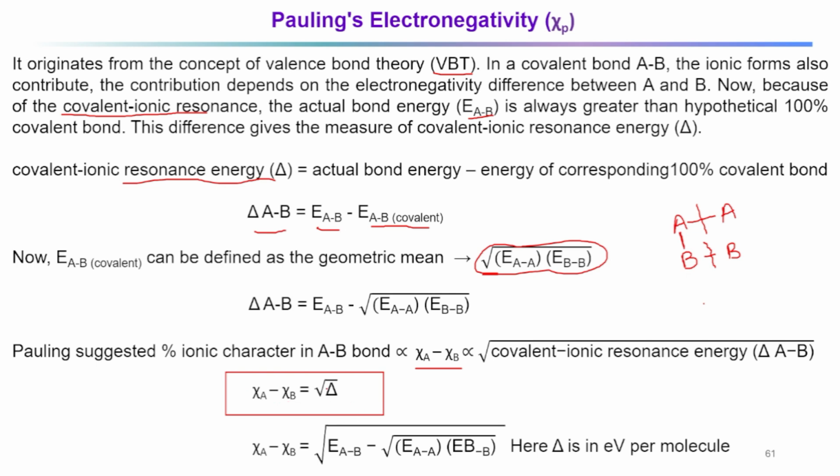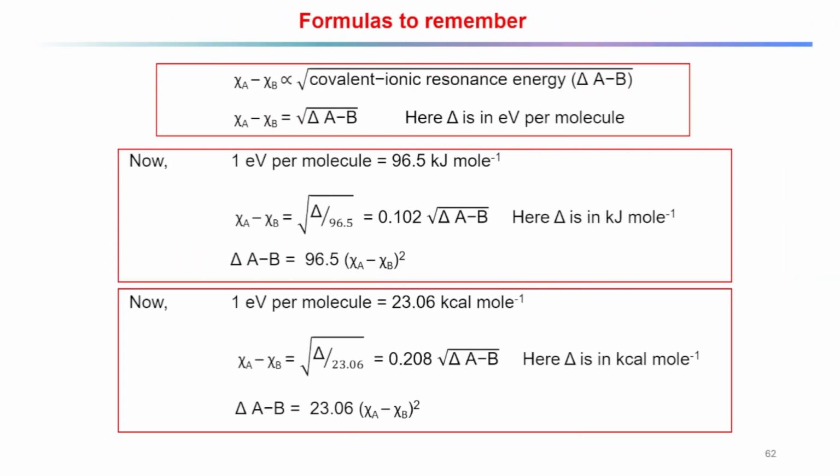So if we put the value of this delta, we get chi A minus chi B equals this equation. Here delta is in eV, electron volt per molecule. So from there we observed that chi A minus chi B is proportional to under root covalent ionic resonance energy delta AB.